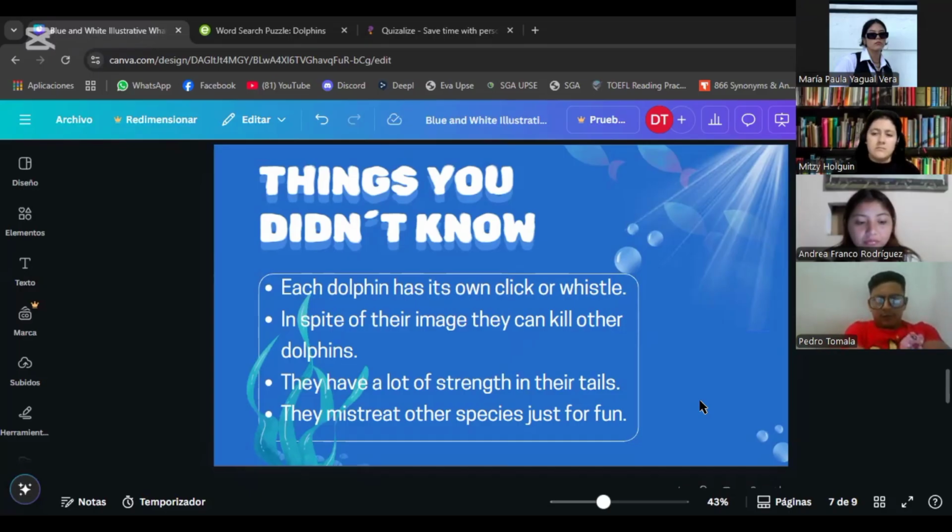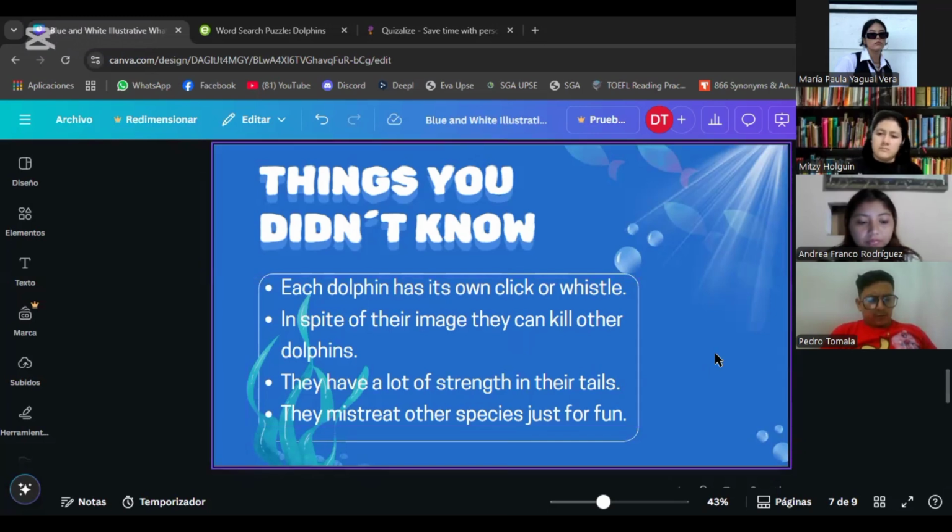In this case, they play, in quotation marks, with other species until they can kill them. For example, the pufferfish, which in Spanish is the pez globo. They play with them until they die. And with the toxins that they leave, they get high. And dolphins are the animals that are commonly known as drug addicts in the ocean.